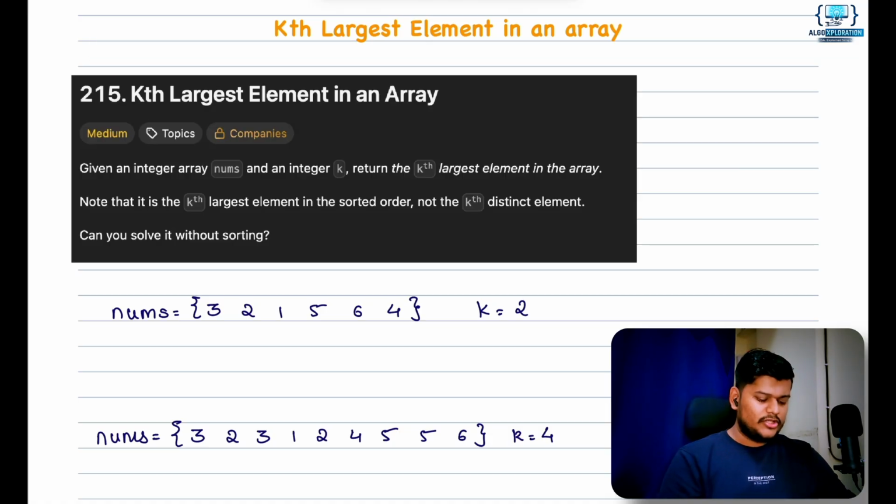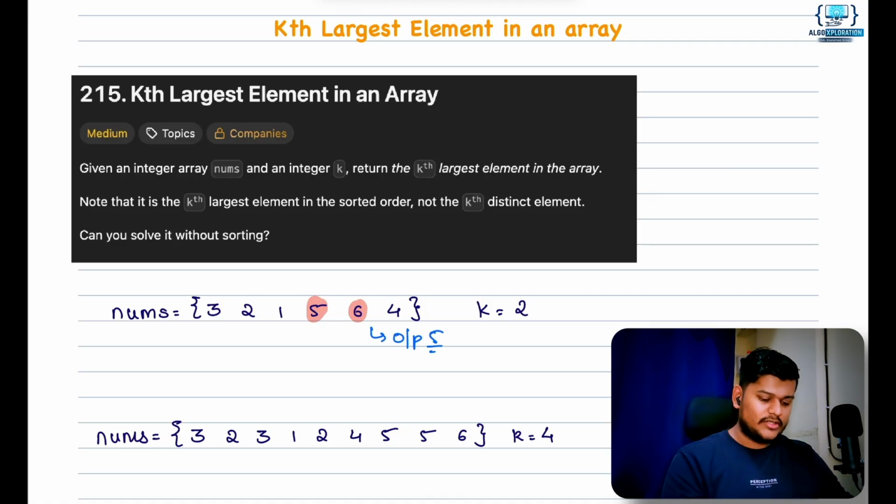Initially, they will be giving us the integer array and the value k, and we just need to return the kth largest value. That's it. If this is an array, over here we can see that this is the first largest, second largest. So the output for this will be 5.